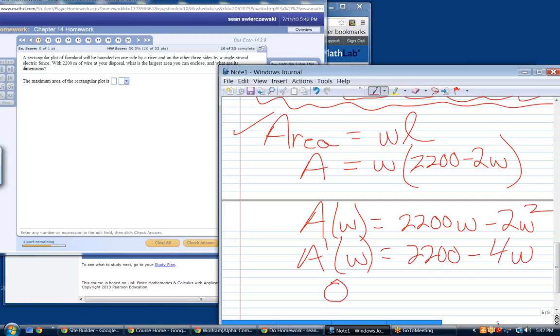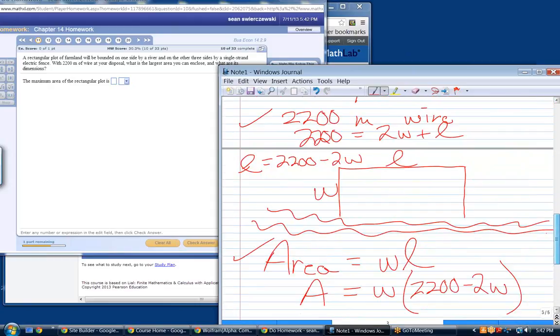Set that equal to 0 and solve. W equals 550. So if we go back, this is 550. This is 550. That's 1,100, so this is 1,100 up there.